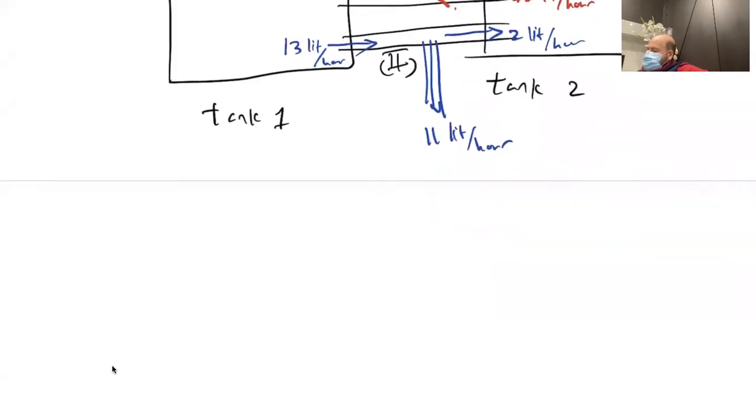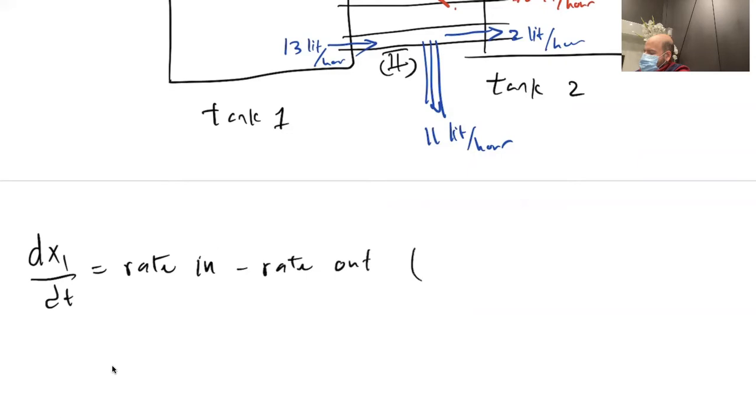Now, we want to set up the ODE for each xi. So dx1/dt is going to be rate in minus rate out for tank 1.